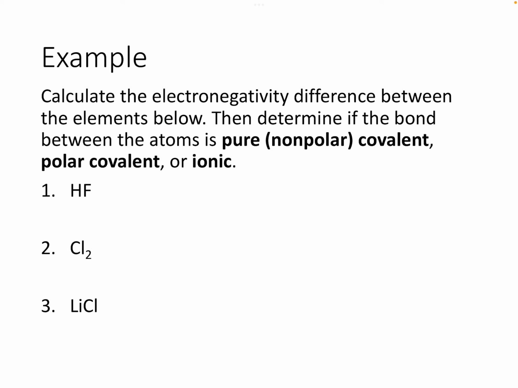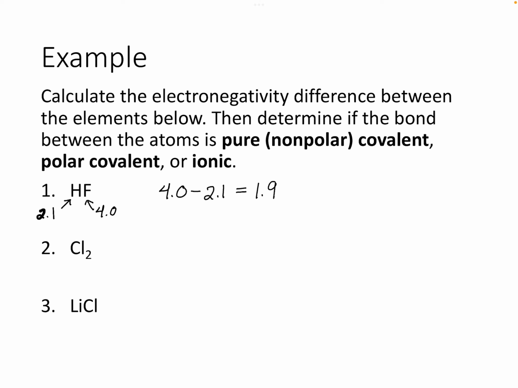So we said previously that the electronegativity value for hydrogen is 2.1. And we said that fluorine is the most electronegative atom, so that has a value of 4.0. So let's take the difference between those. And 4 minus 2.1 is 1.9.